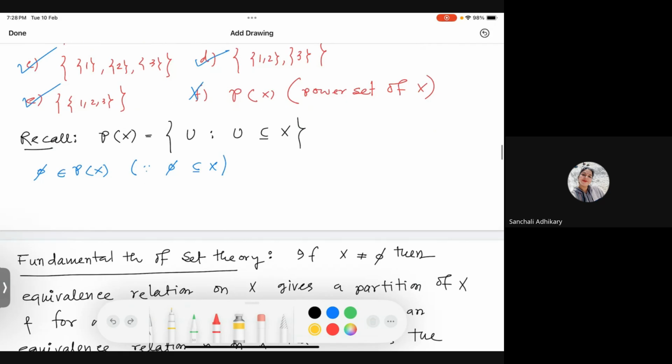So partition means, in our life we already see that in a family if there are two or three brothers, they partition their property fully like this, right?